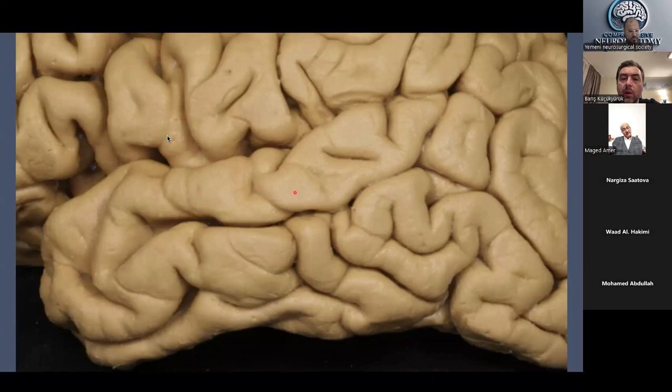The superior and middle temporal gyri are separated by the superior temporal sulcus, which is continuous in nearly every case, while the sulcus between the middle and inferior temporal gyri, called the inferior temporal sulcus, is not continuous in many of the specimens.